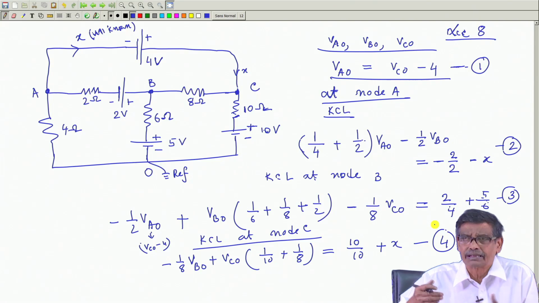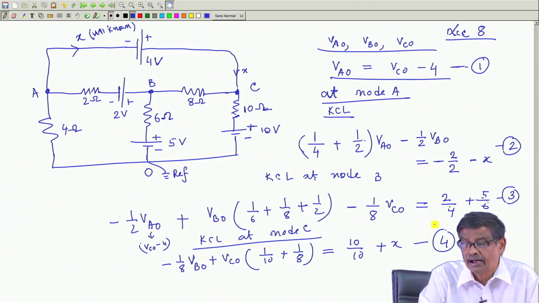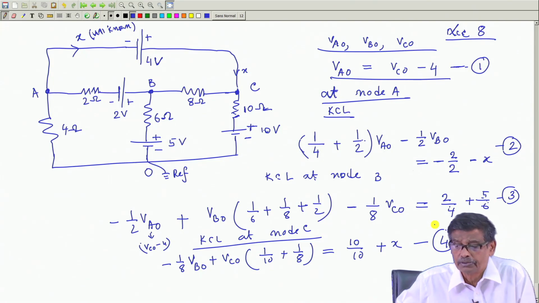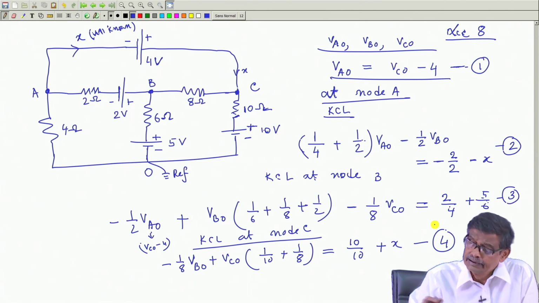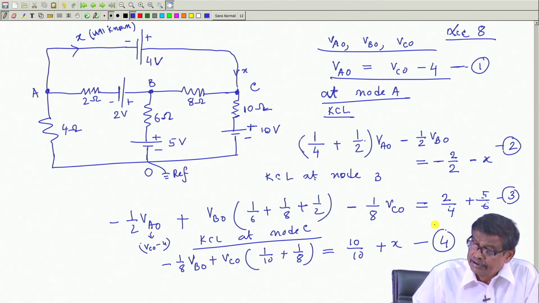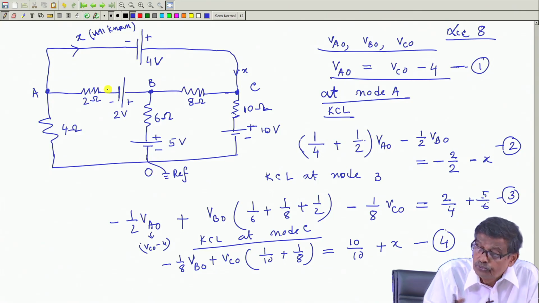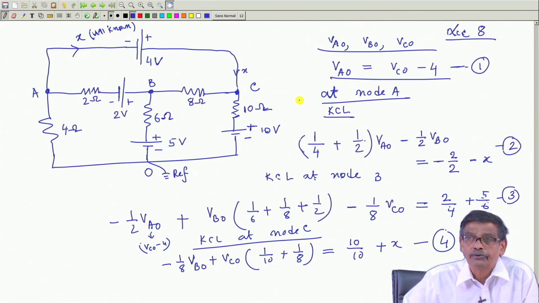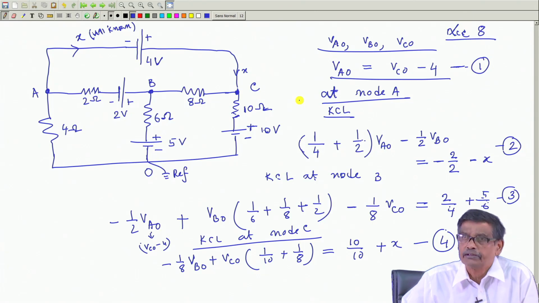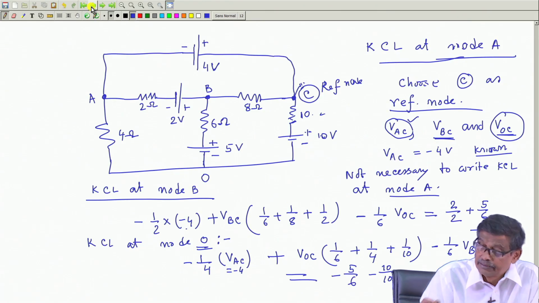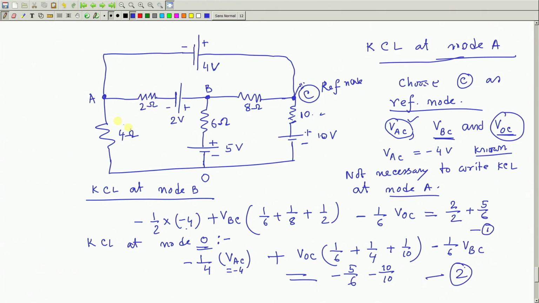That is the usual case when there is no ideal voltage source present between two nodes. Then, if that be the case, better choose one of those two nodes as your reference node, then you really get the benefit. The number of equations to be solved, as I have chosen here C as my reference, is only 2 equations to be written and solved.